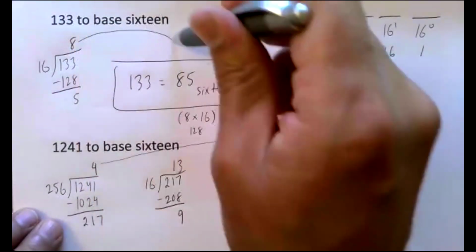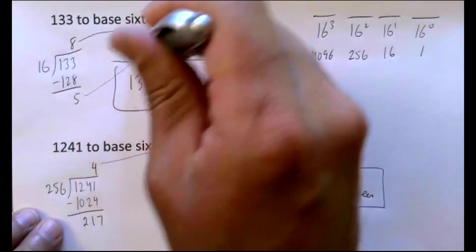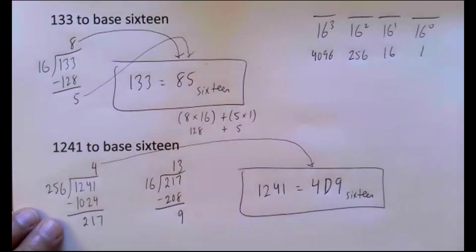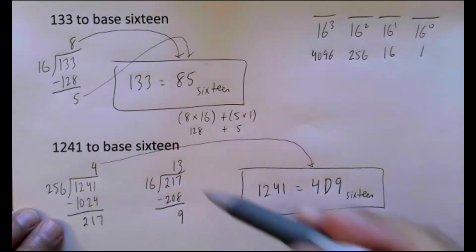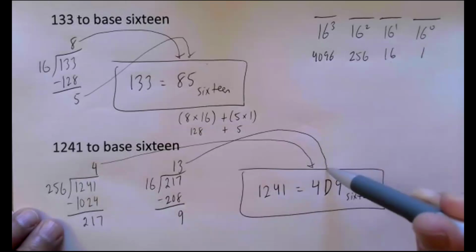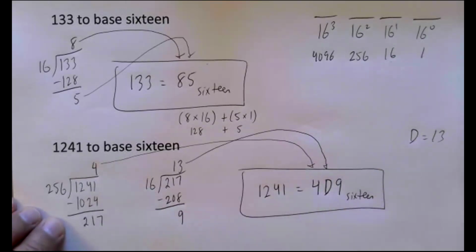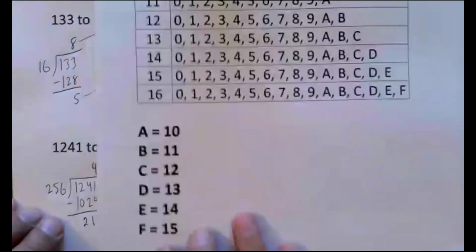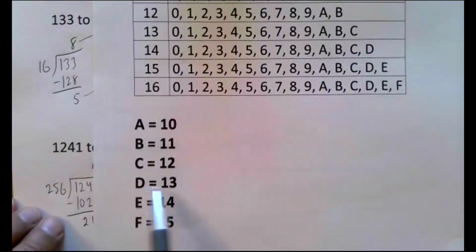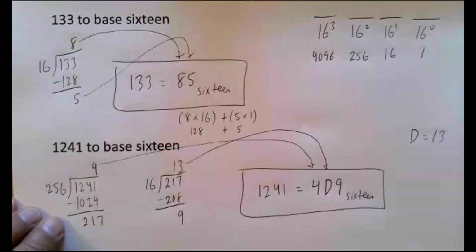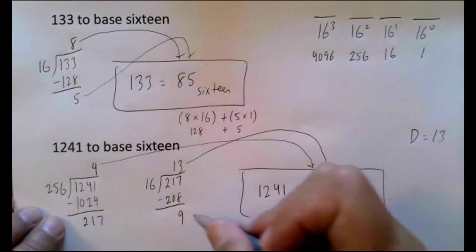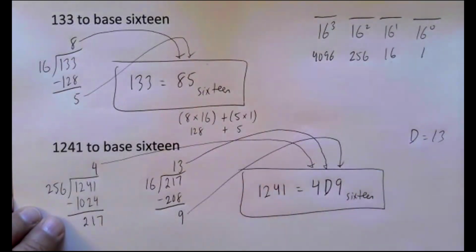I never did the arrows up here, did I? I'm not gonna be able to sleep tonight if I don't do that. There's a 4 in the 256 position. There's a 13 in the 16th position, but we don't write it as 13. We write it as D. And then there's a 9 in the 1st position right there.